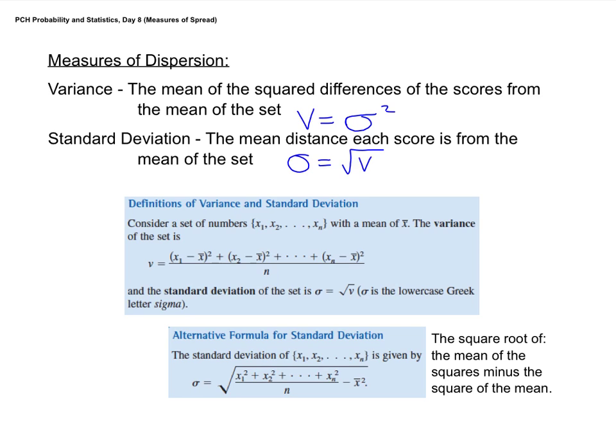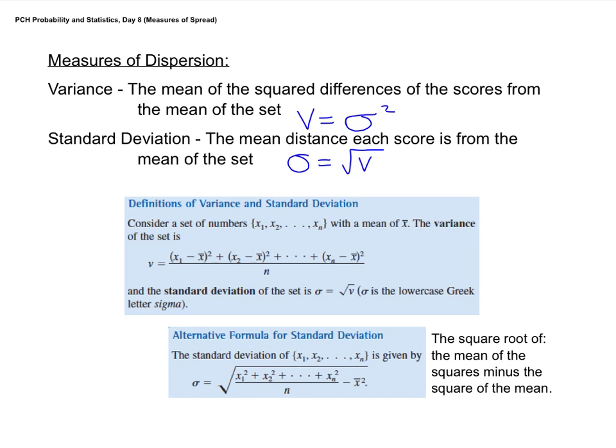The variance, we can use V, or the Greek letter sigma, squared. Okay, that's the notation for variance. The standard deviation is just sigma, or the square root of the variance. So once you know the variance, you just square root it and you get the standard deviation.